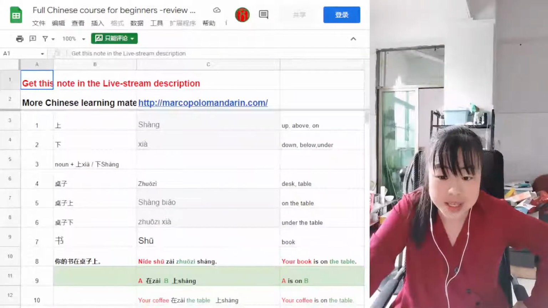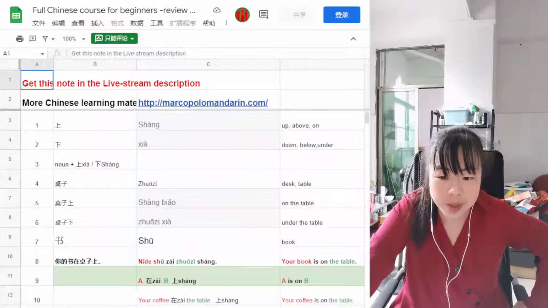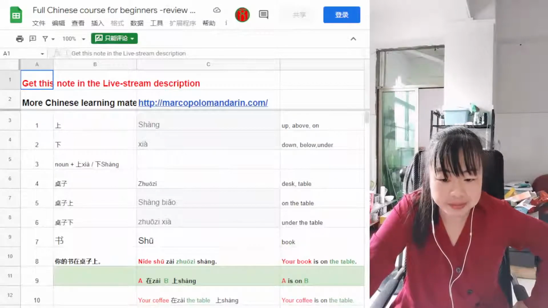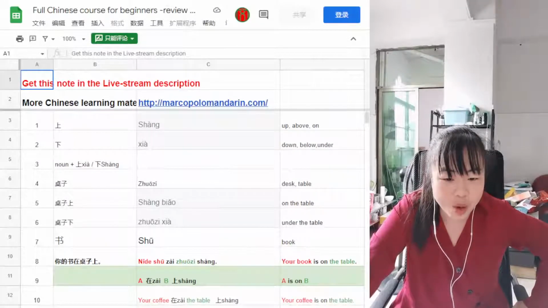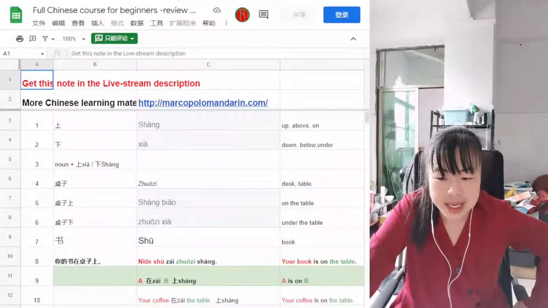B is green, right? A is red. B is green. Okay, 饭店的里边. Just now, we already know 饭店里 or 饭店里边 both mean in the restaurant. Wait, I need to mark also the Chinese characters.